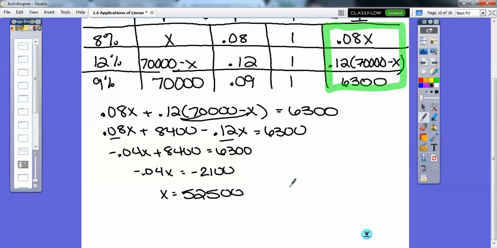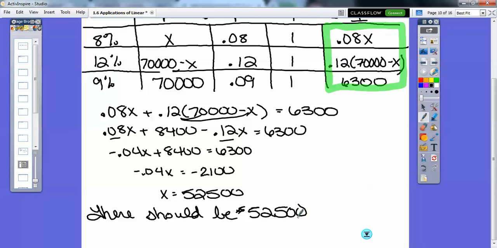Am I done? Okay, answer your question. So the original question said how much must be invested at each amount. So there should be $52,500. What does that represent? That was my X. So if I look back at my problem, X was the amount at 8%.